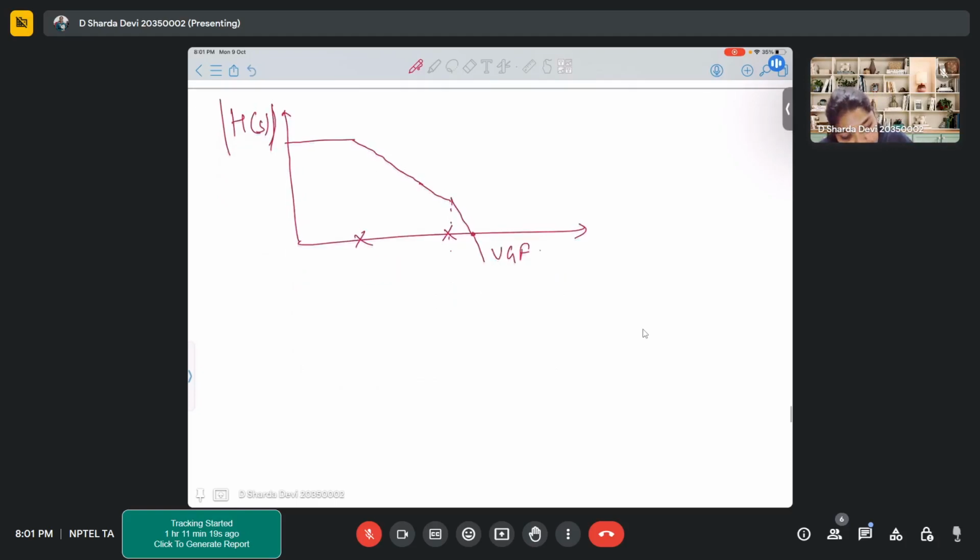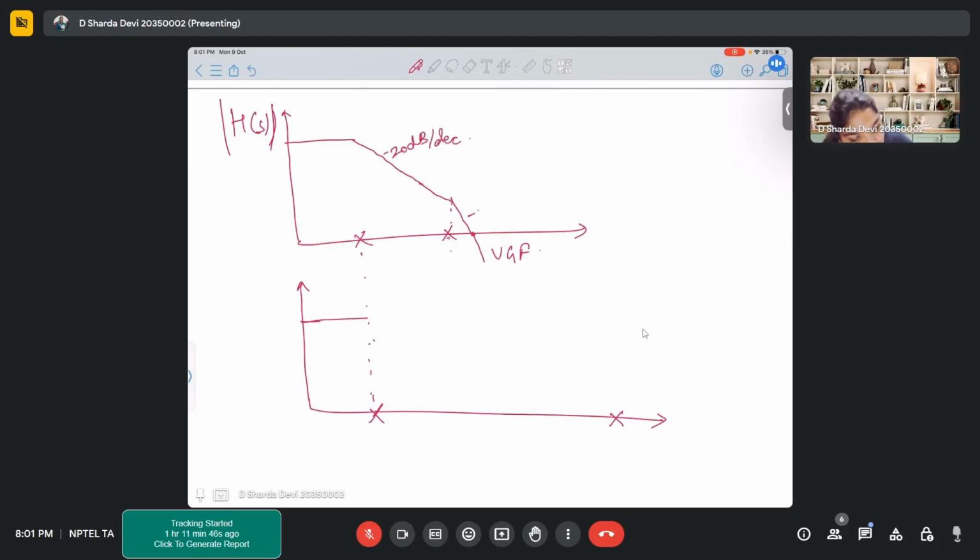So what I am saying is, let's shift your two poles such that one pole, let's say, remains here, or it is shifted a little here or there. But we are shifting the other pole to here. Okay. So now your system will see a single pole. This will introduce minus 20 dB per decade.